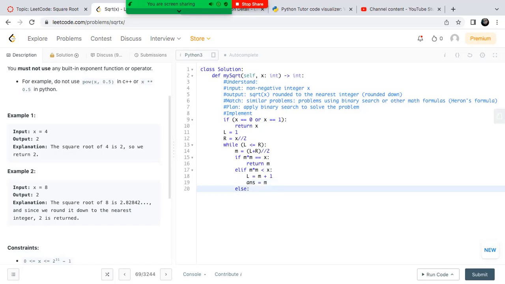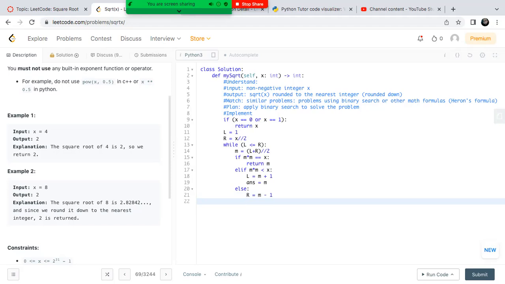And if m times m is greater than x, then we want to look at the left-hand side of the bracket, so we set the right boundary to m-1.